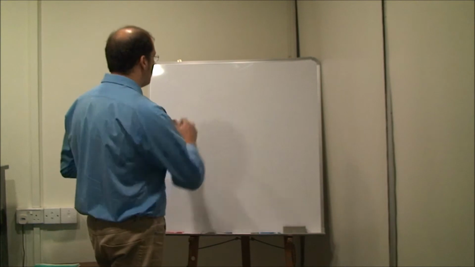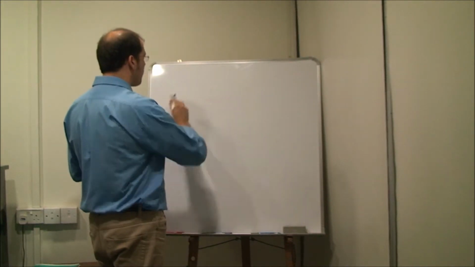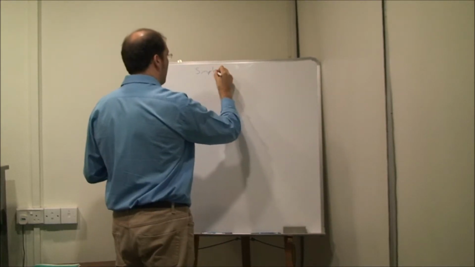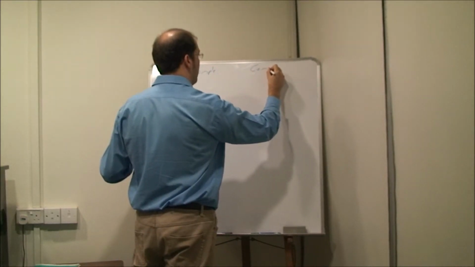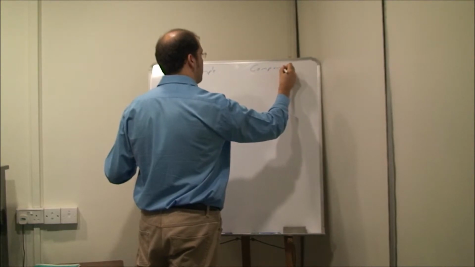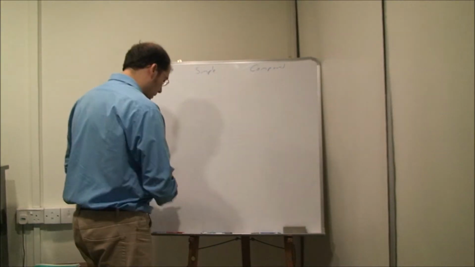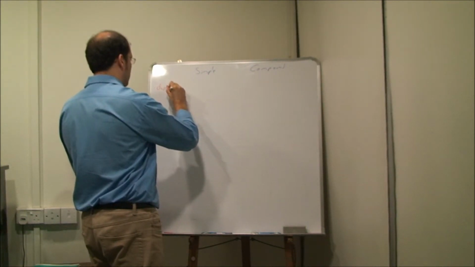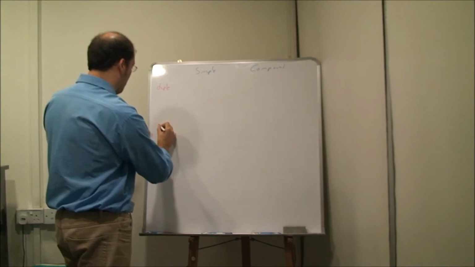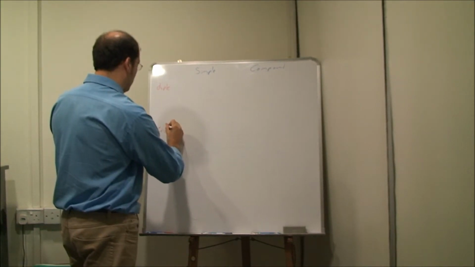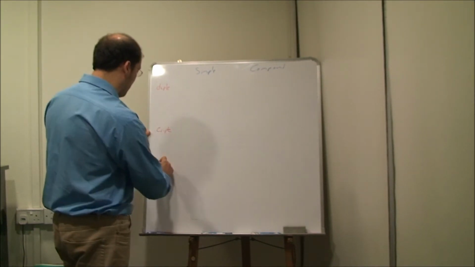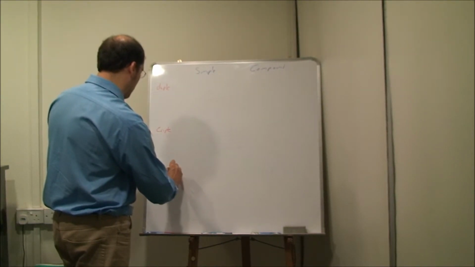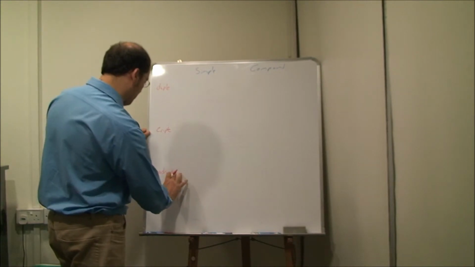So let's draw all this into a chart. If we have simple time over here and compound time over here, then let's say we have duple, so that's 2 beats per bar, triple, which is 3 beats per bar, and quadruple, which is 4 beats per bar.